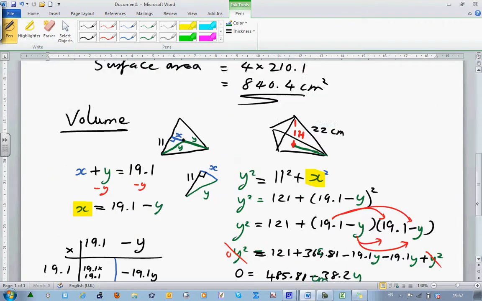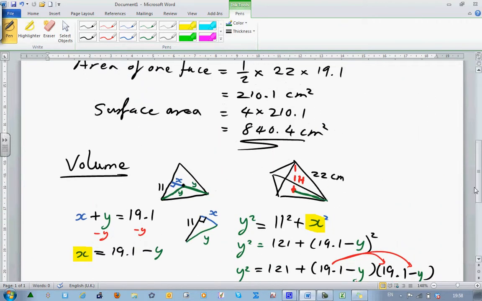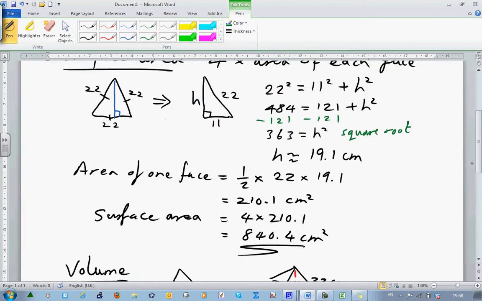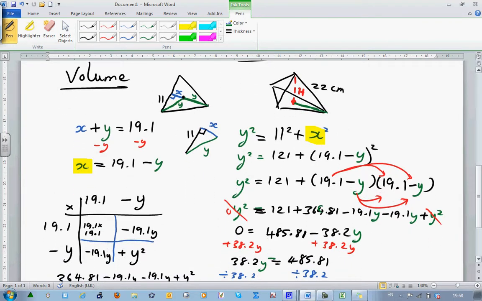We haven't got the volume yet because we need to find capital H, the red height. So we're going to have to do that using Pythagoras again. But at least we've got the bits now. We've got the 22 centimeters for the black outside edge. We've got the green line, which is 12.7, and we just have to find H. Bear with me while I put a new page in, if it allows me to.